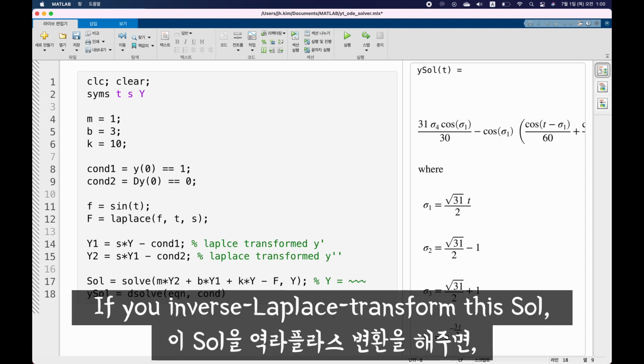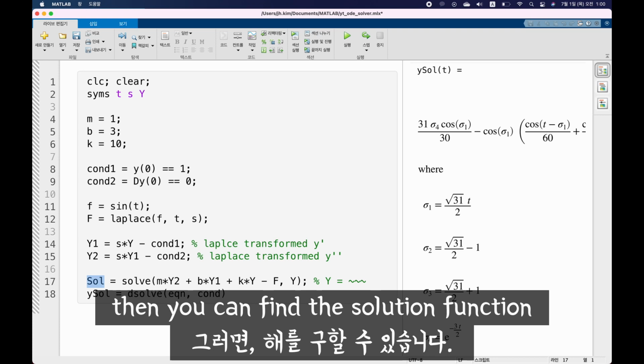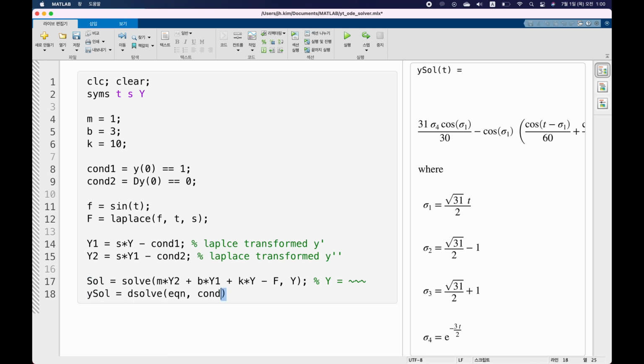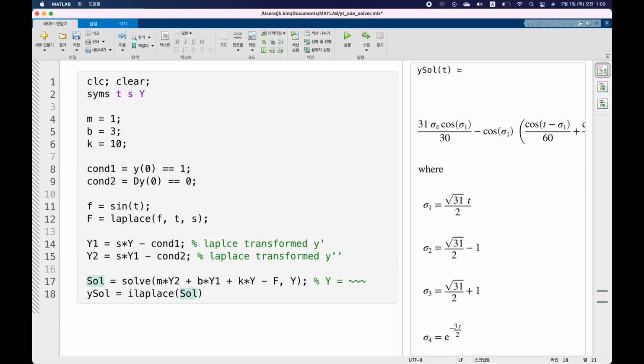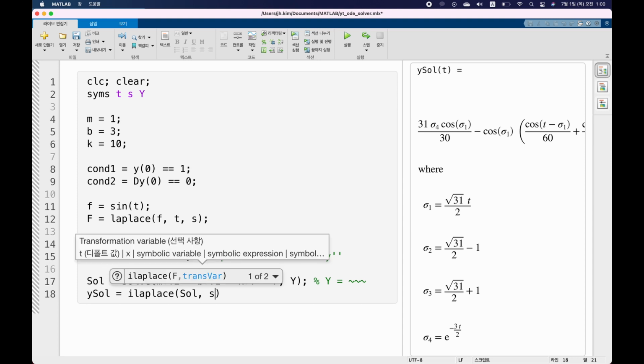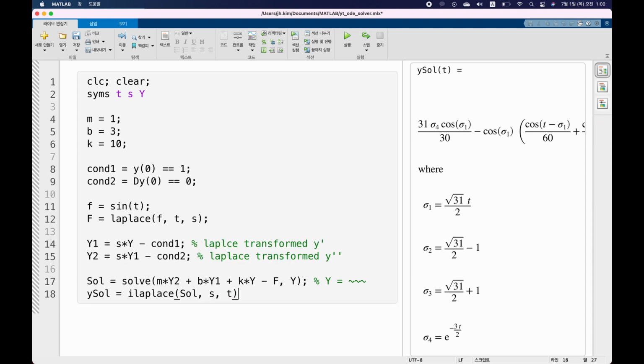If you inverse Laplace transform this solution, then you can find the solution function. So like this, ilaplace of the solution, from s into t, and then execute.